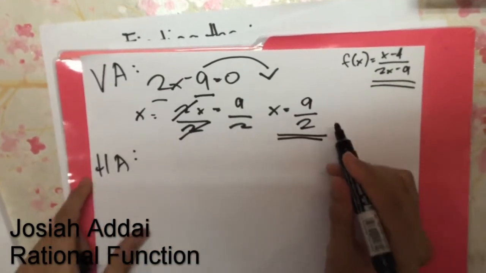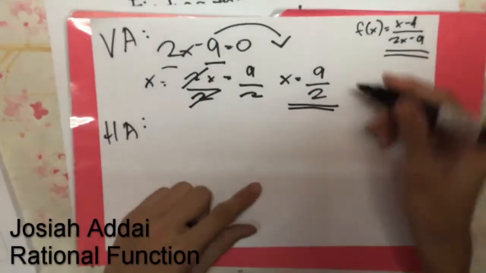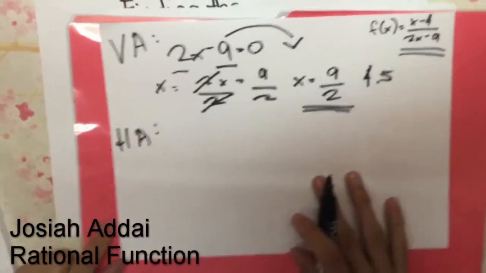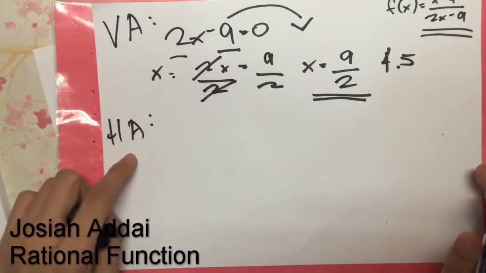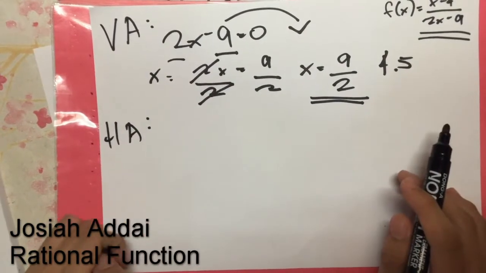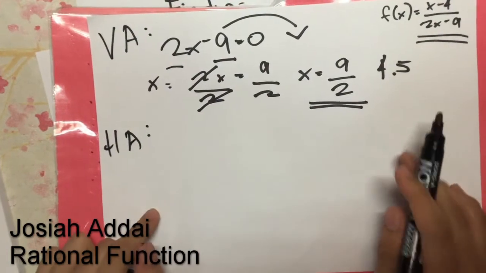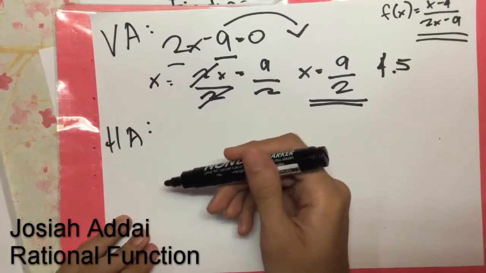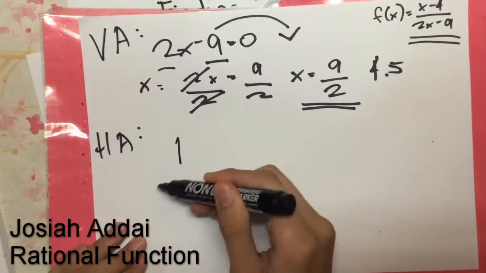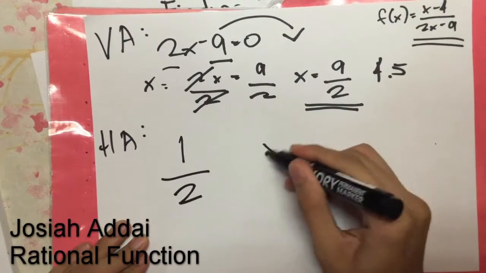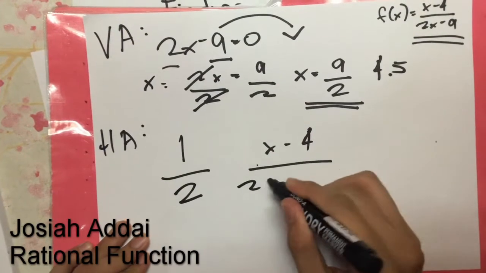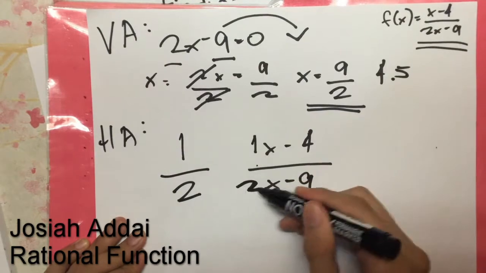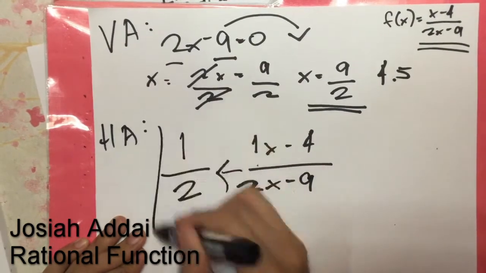That will be our vertical asymptote, or simply 4.5. In the horizontal asymptote, we just get the leading coefficients of the numerator and the denominator. So it will be simply 1 over 2, because in x minus 4 over 2x minus 9, this will be 1, this will be 2.